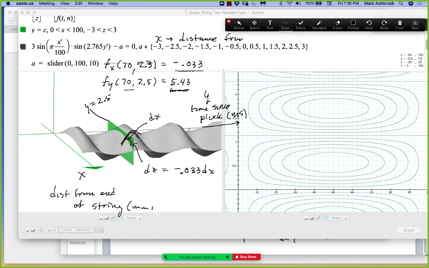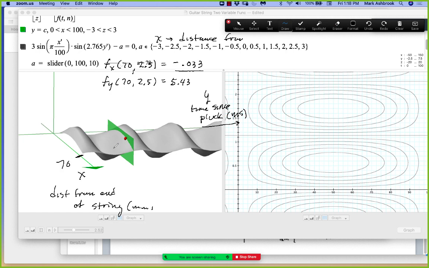Okay, now back to what I was talking about. Let's erase this. The y curve relates to the partial with respect to y. That's holding x constant, so holding x at 70.